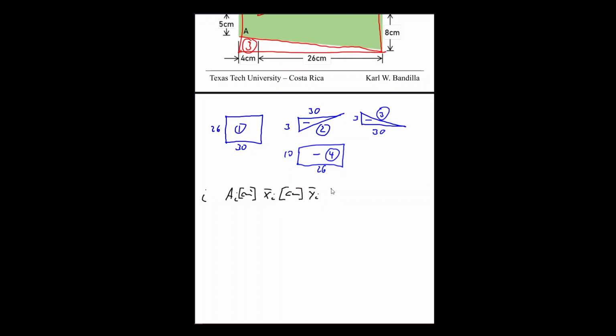Y bar i in centimeters, and then x_i bar times A_i in centimeters cubed, and that should be y, not another x, y_i bar times A_i in centimeters cubed.